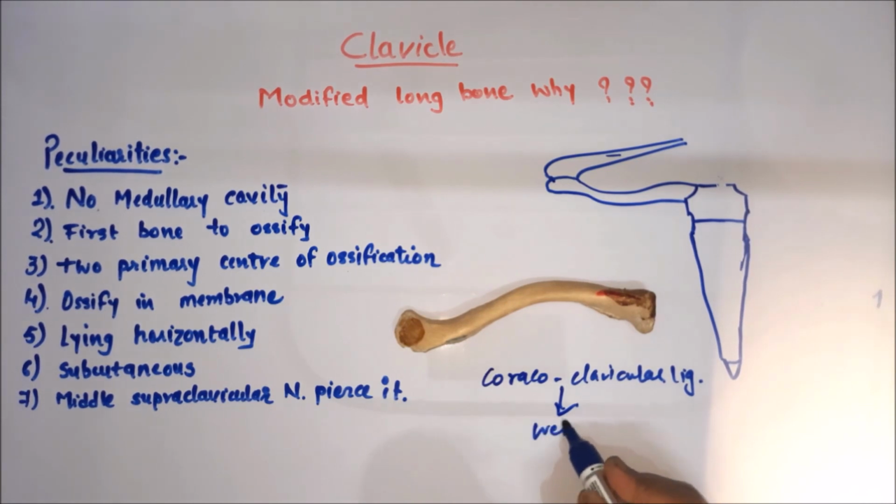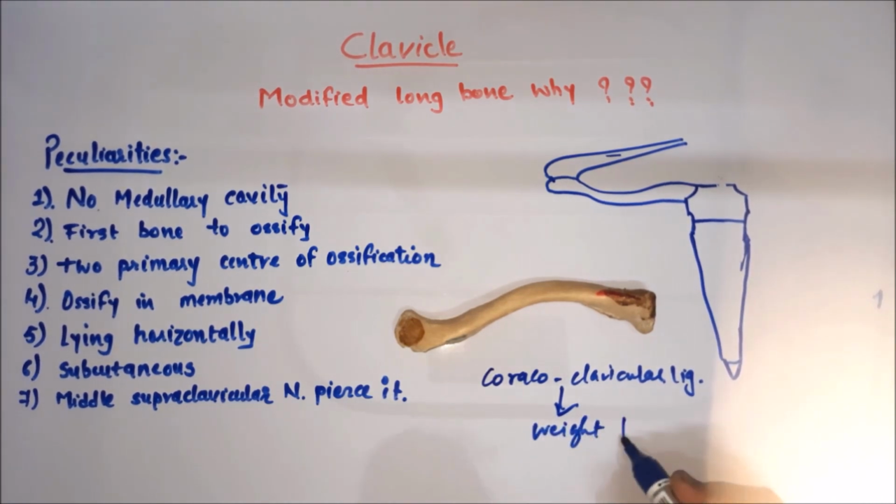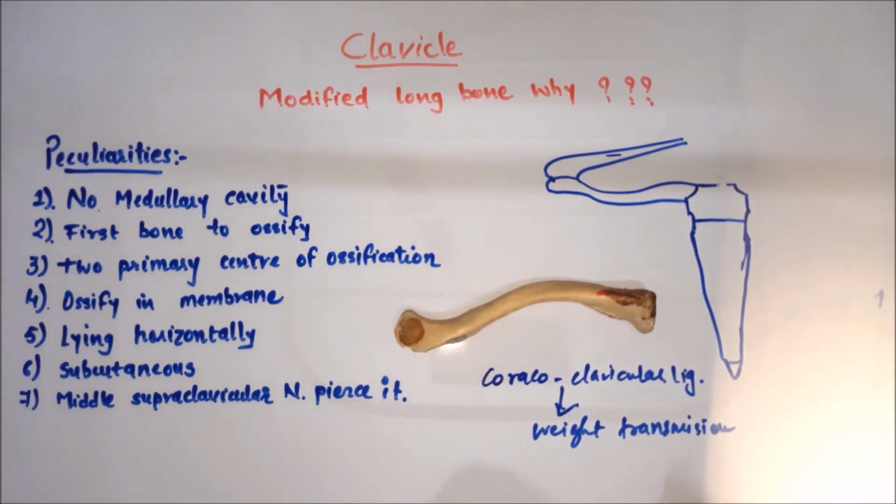You should remember that it helps in weight transmission. And another thing you should remember is that this ligament has two parts, conoid and trapezoid part. This thing you should remember.